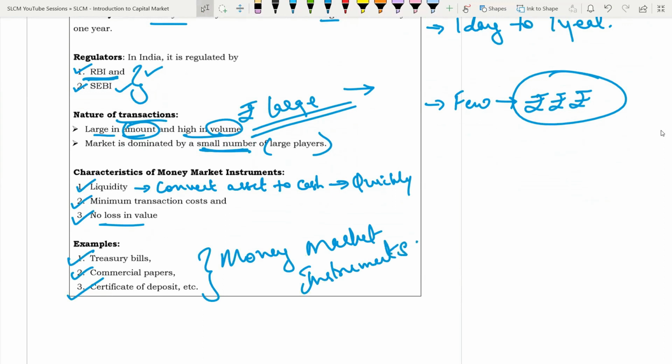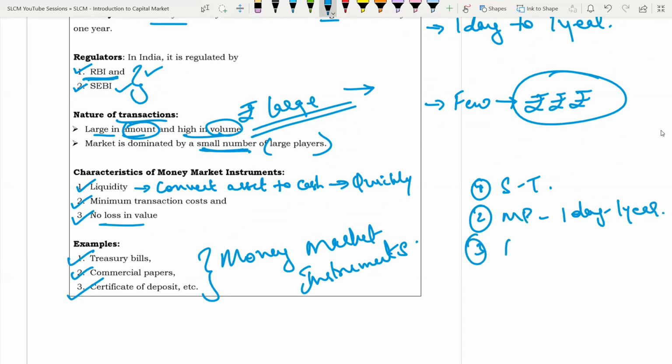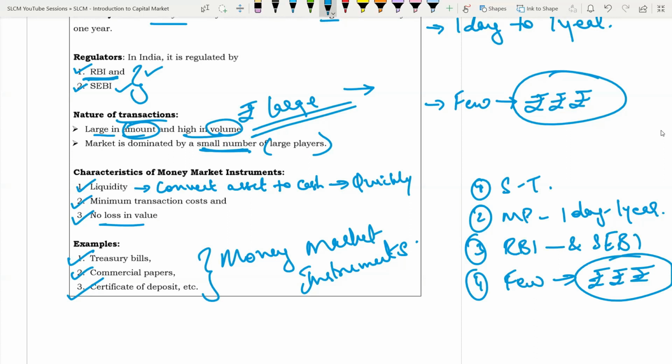So this is the basic of the money market, whereby we have understood that it is a market where short-term fund borrowing takes place, where the maturity period is between 1 day and 1 year, that it is regulated primarily by the Reserve Bank of India, with the other regulator being the Securities Exchange Board of India, and that very few people invest, but they invest large funds. So these are the aspects of the money market.